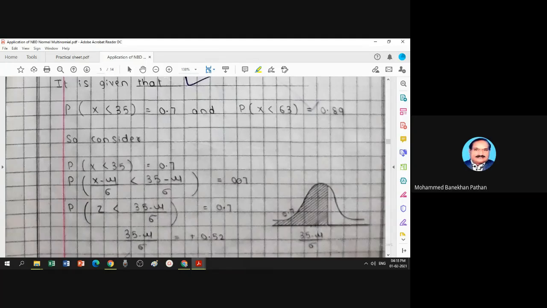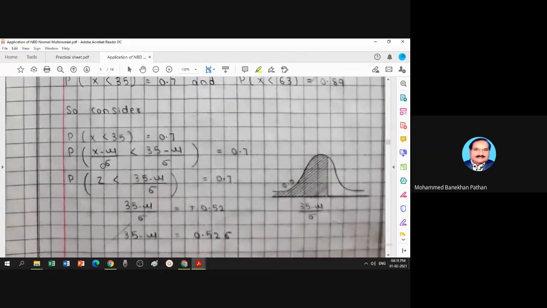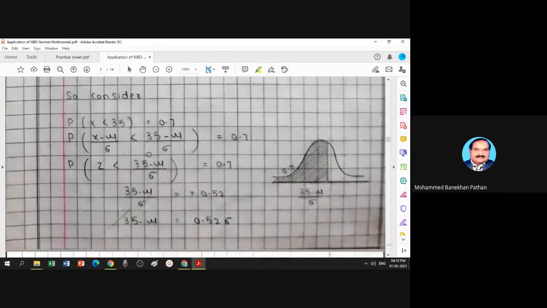Same as question number 4: subtract mean, divide by sigma, get a location on the graph. Now this is 0.7. Sign is less, so I speak from the left hand. When I reach 0, then it is 0.5, but it is more than 0.5, so I have to cross 0.